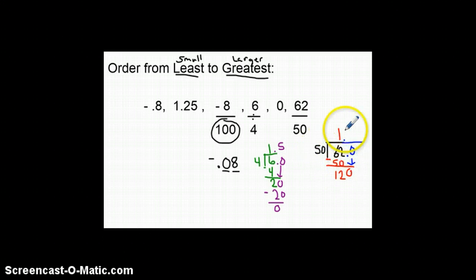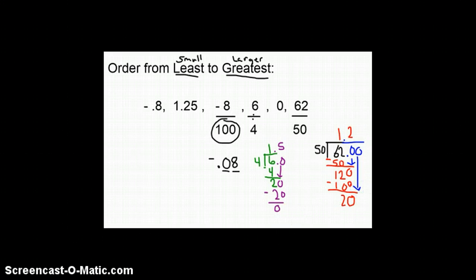50 goes into 120 2 times. 2 times 50 is 100. We're going to subtract 120 minus 100. We're going to get 20. Then again, we have to bring down another 0 because we have 20 more that we have to see if we can get rid of.